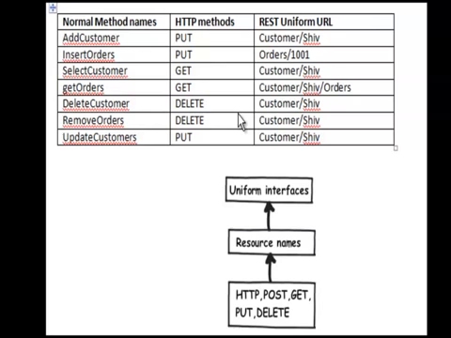So in other words, uniform interfaces is nothing but basically a combination of your old HTTP protocol methods, that is post, get, put, delete, with your resource names, and by doing this what you achieve is simplified communication. So this is the third important principle of REST, keep your interfaces simple.